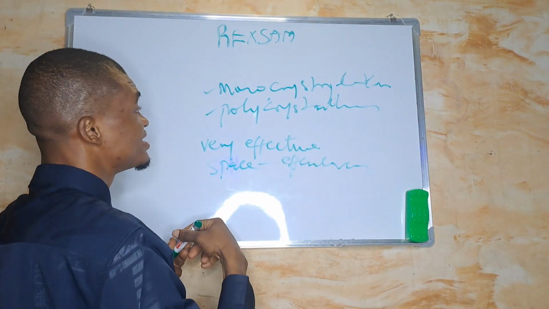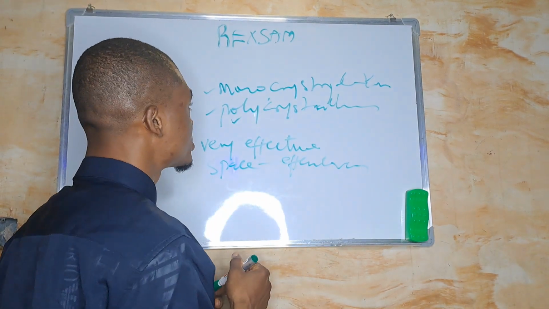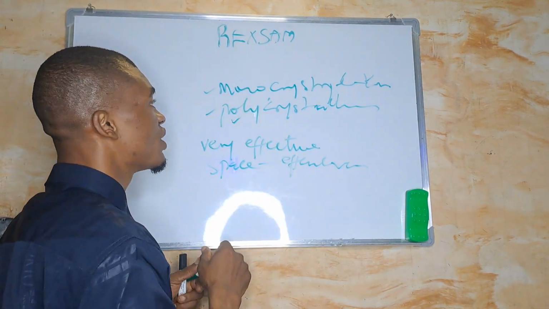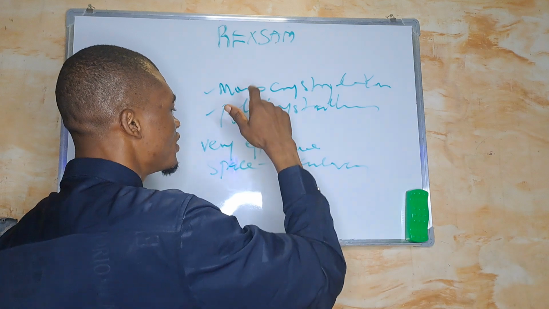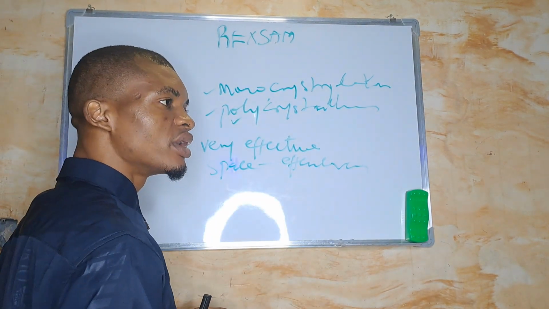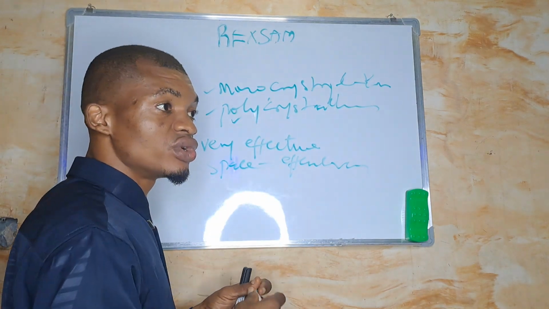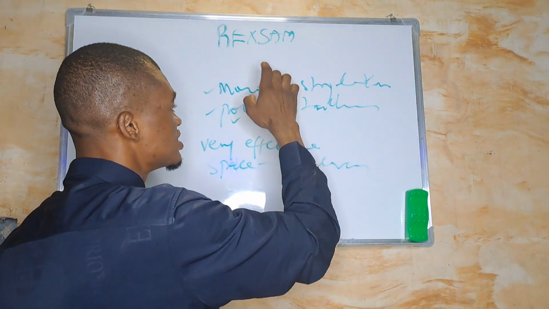Because of that, it is more expensive compared to polycrystalline. So monocrystalline is more efficient, more effective, and also costs more, during production and also during sales. The cost of this is higher than this.